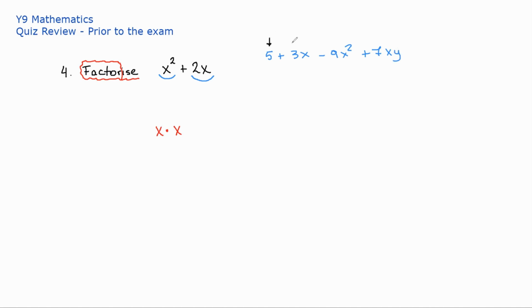So you have 1, 2, 3, 4 terms. They're separated by one sign, another sign, and another sign. I don't care if they have 3 letters or letters and numbers, or only 2 of them, or only 1. They are separated, and they're one term, a second term, the third term, and the fourth term.